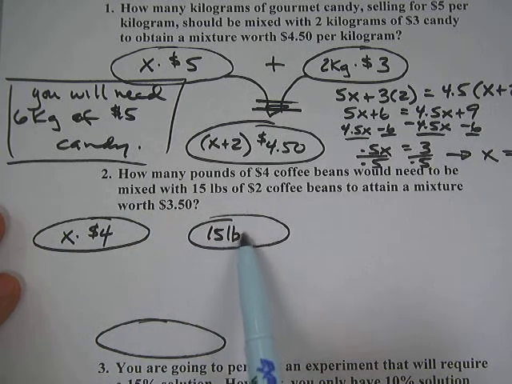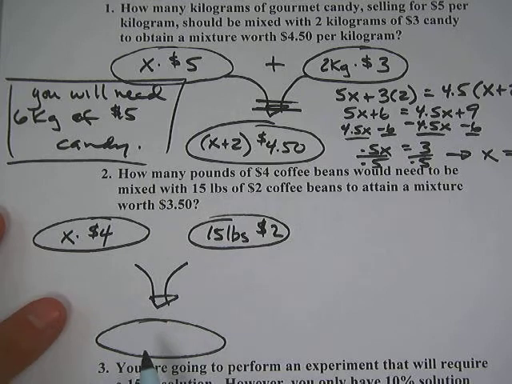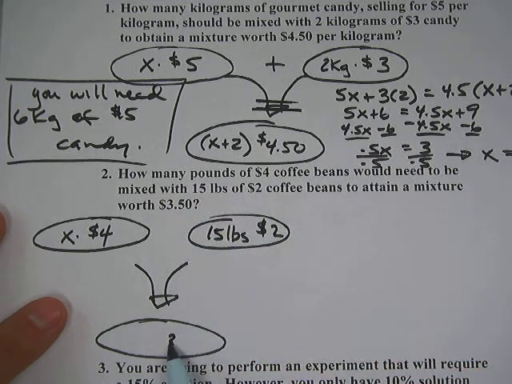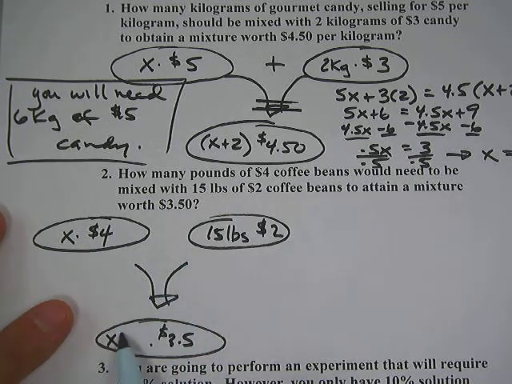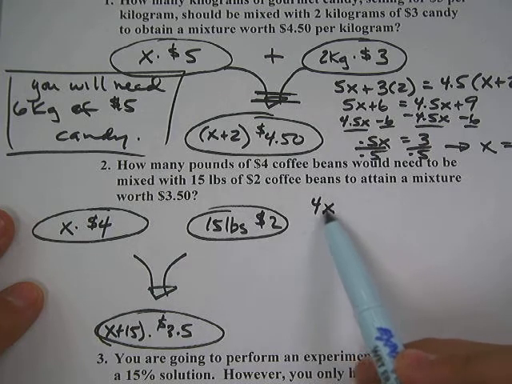I don't know how much of this. Then 15 pounds of $2 coffee. Again, that's going to be dumped into this, to obtain a mixture worth $3.50. This amount is going to be these two added together, so it'll be x plus 15.